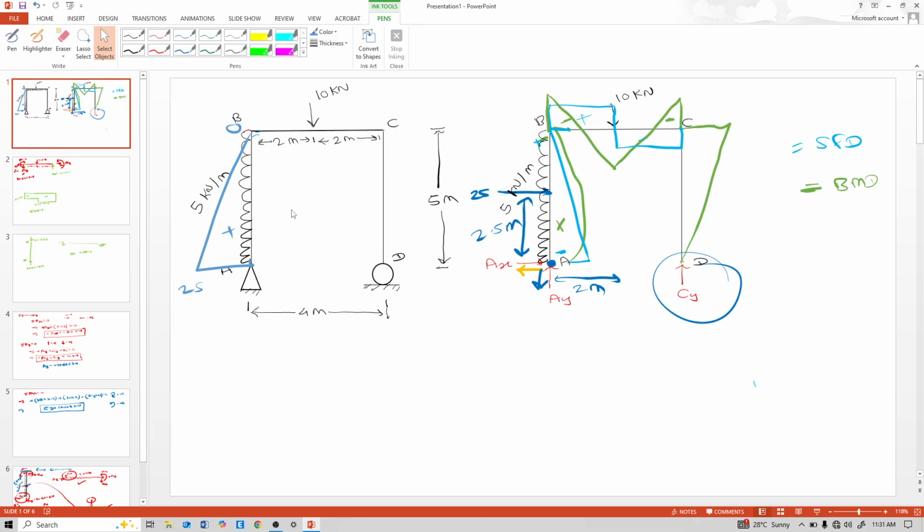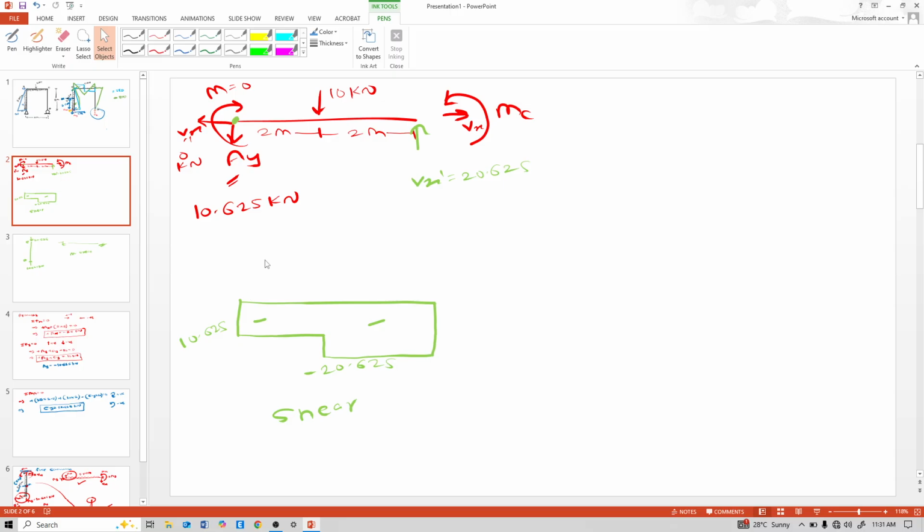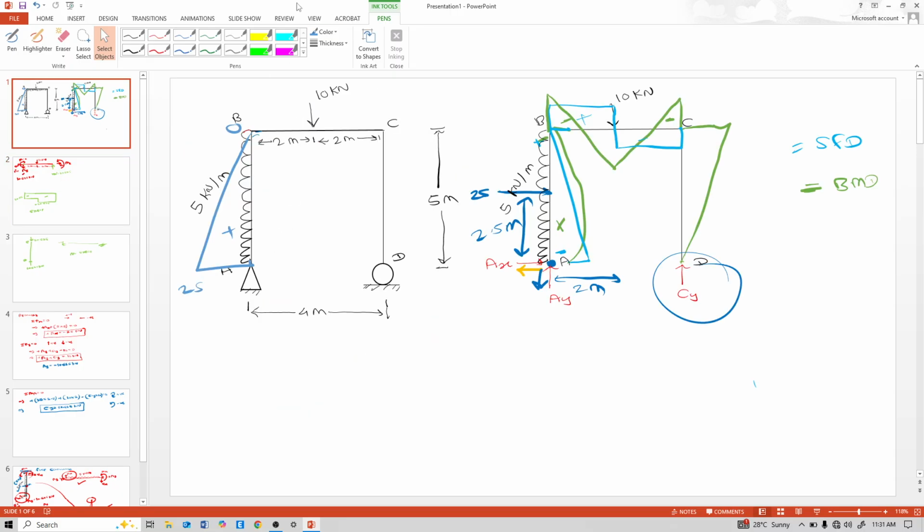So negative inside that frame and positive away outside that frame. Negative 10.625, 20.625, again here 20.625. And for that CD, no shear.